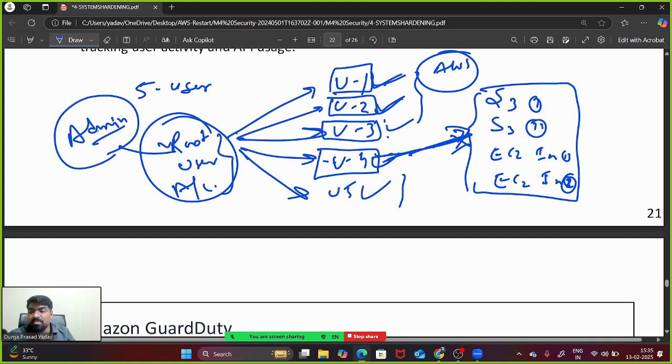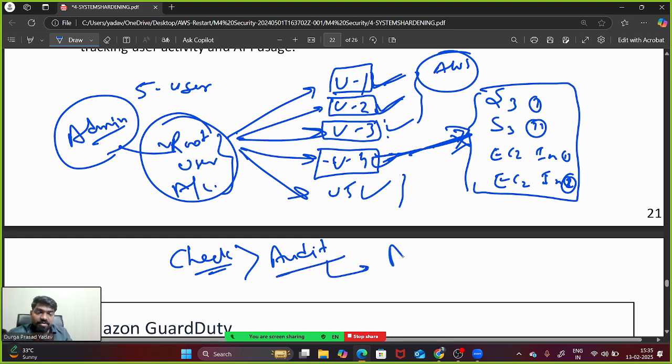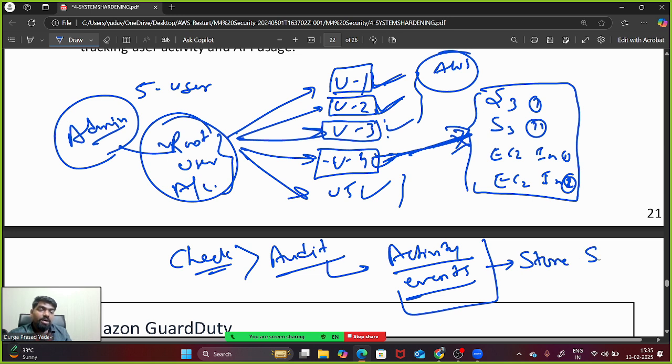Then the admin will check. What will it check? The admin will do auditing. Admin will audit, which means whatever events are happening in the AWS account will be stored in one S3 bucket.